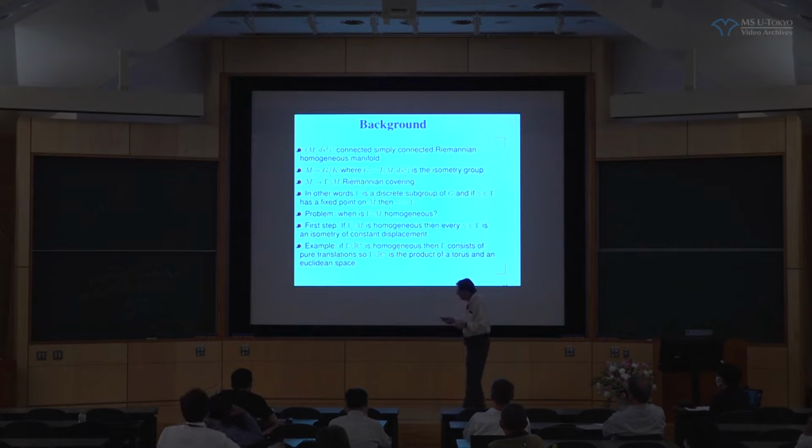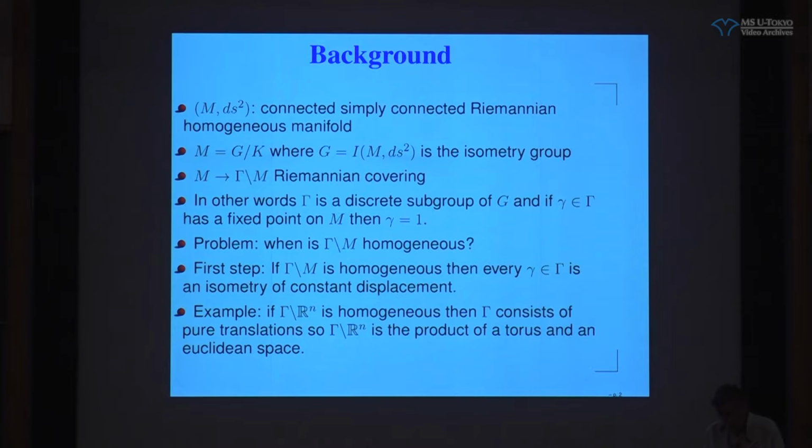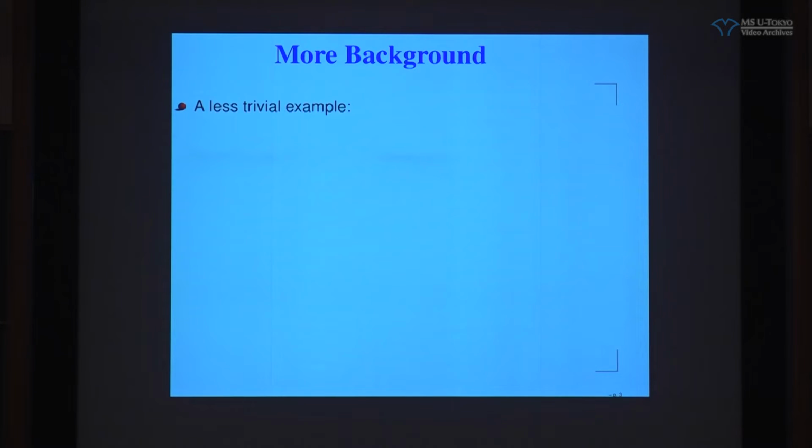So in this case, gamma consists of ordinary Euclidean translations. So the quotient is the product of a torus and another Euclidean space, and that is homogeneous. Okay, so it seems to work for Rn. Now let's look at a less trivial example.